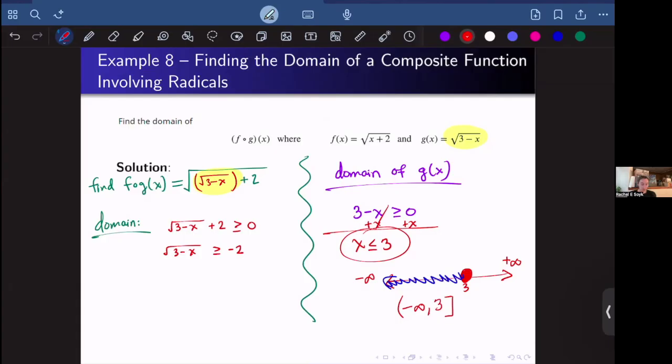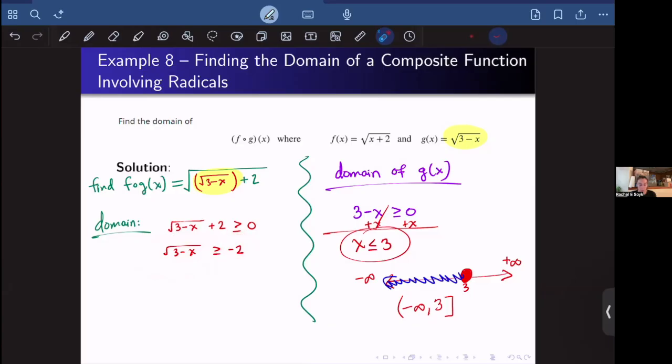All right. So why is this so important? Well, now let's look back on that left-hand column, and we have the square root of 3 minus x has to be greater than or equal to -2. Well, if we already have the restriction that 3 minus x needs to be greater than or equal to 0, then that means the square root is always going to be greater than or equal to -2.